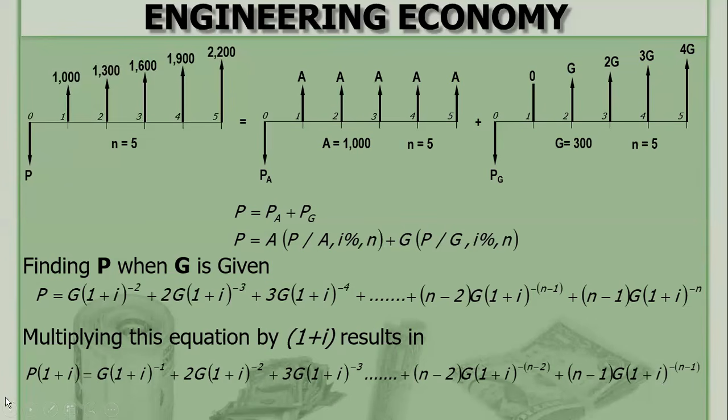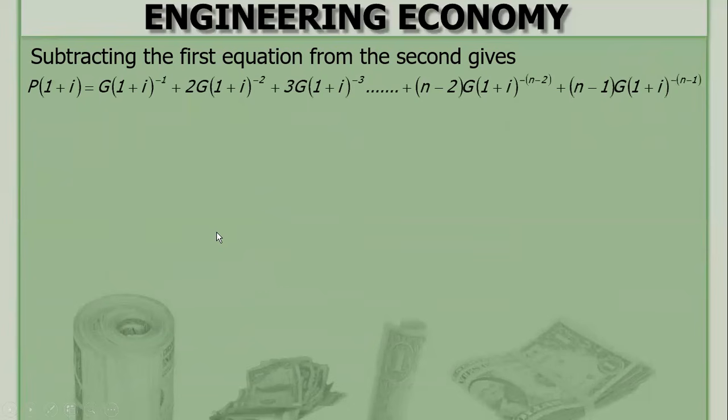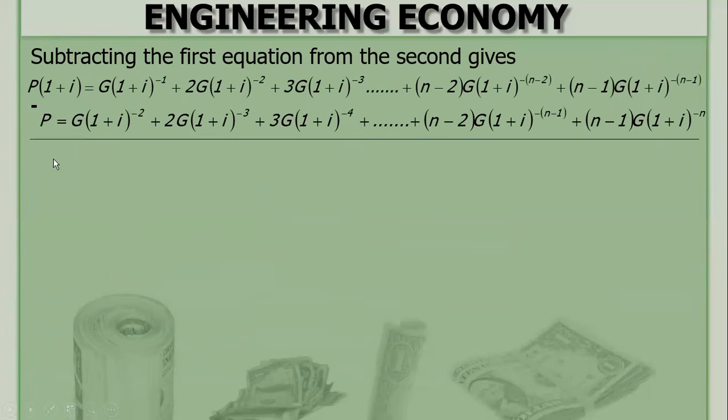Okay, next is we subtract. Second minus first. So we subtract the first equation from the second. And we observe that if we combine terms with similar exponent, like this one, negative 2, 2G minus G, the result is G times 1 plus I raised to negative 2.